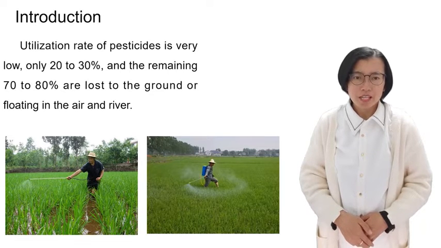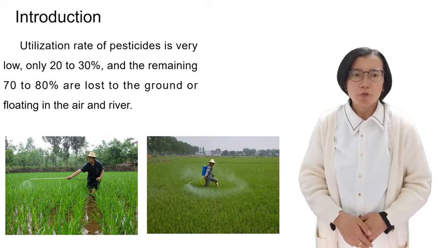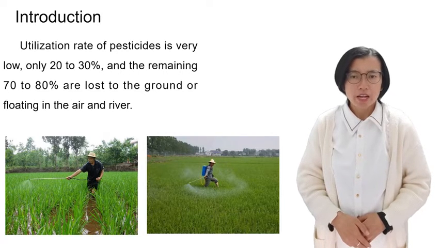The remaining 70 to 80% is lost to the ground or floats in the air or in the river, which not only causes ecological environmental pollution, but also increases the cost of agriculture. It can be seen that currently there are still large problems in the application of plant protection in China.